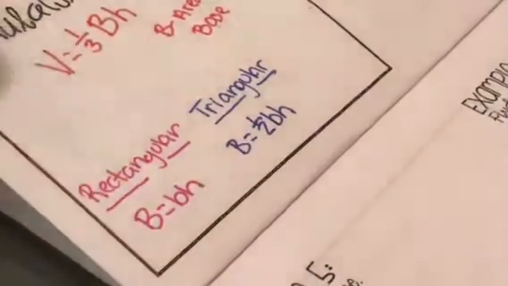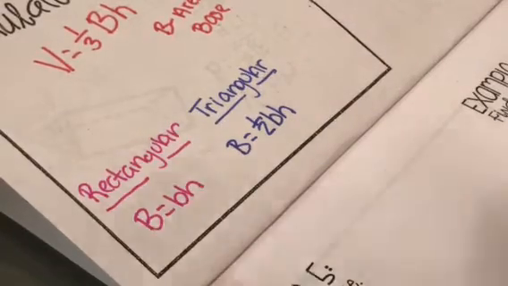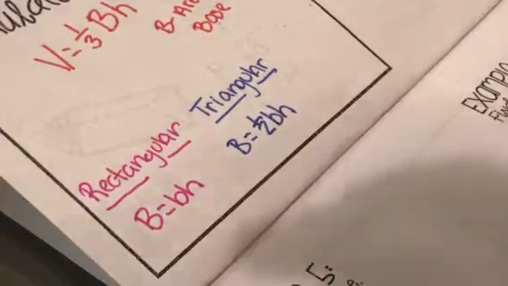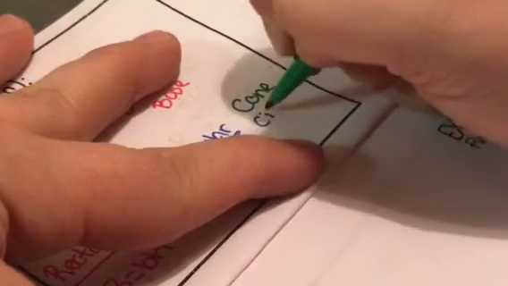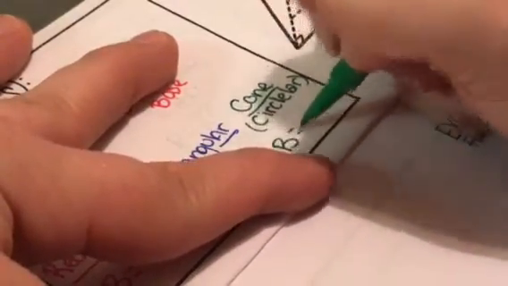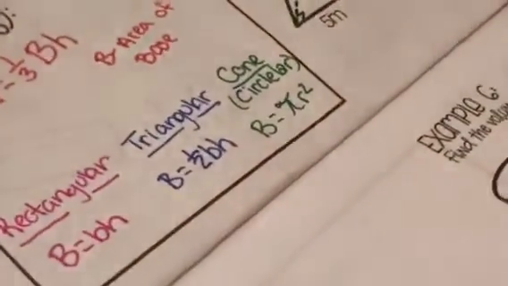So that doesn't change at all. So for a cone or for circular, the big B is going to be pi r squared. Okay?